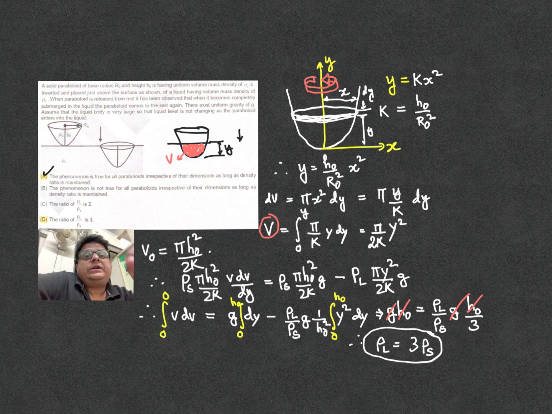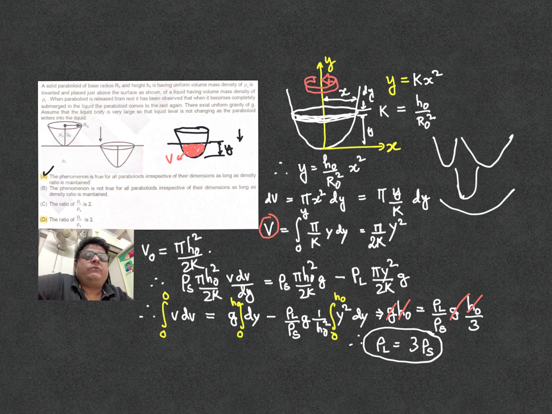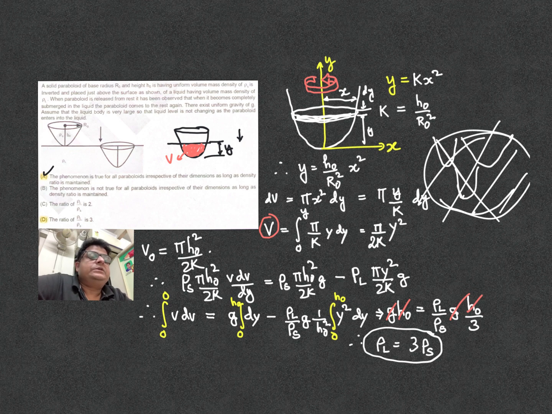That k doesn't count, right? k depends on the shape, whether it is thin or thick, so it doesn't depend on that. The answer does not depend on k, rather it depends on the ratio of the densities rho L by rho s. So option D is correct: rho L by rho s is equal to 3. So this answers the question. Thank you.